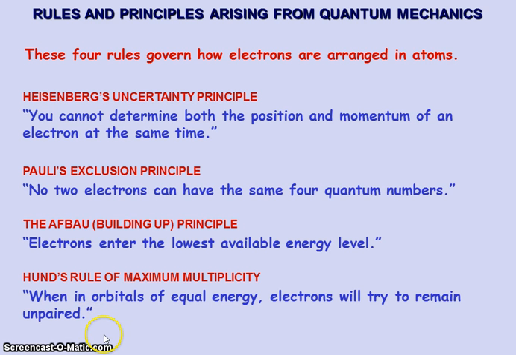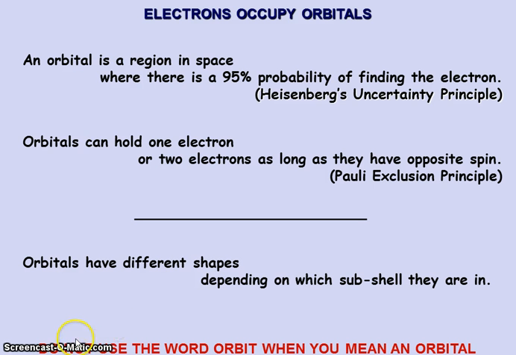That is what I call the sitting on a bus rule. If we put together Heisenberg's uncertainty principle and the Pauli exclusion principle, we get our definition, which is: an orbital is a volume of space which can hold up to 2 electrons with opposite spin.